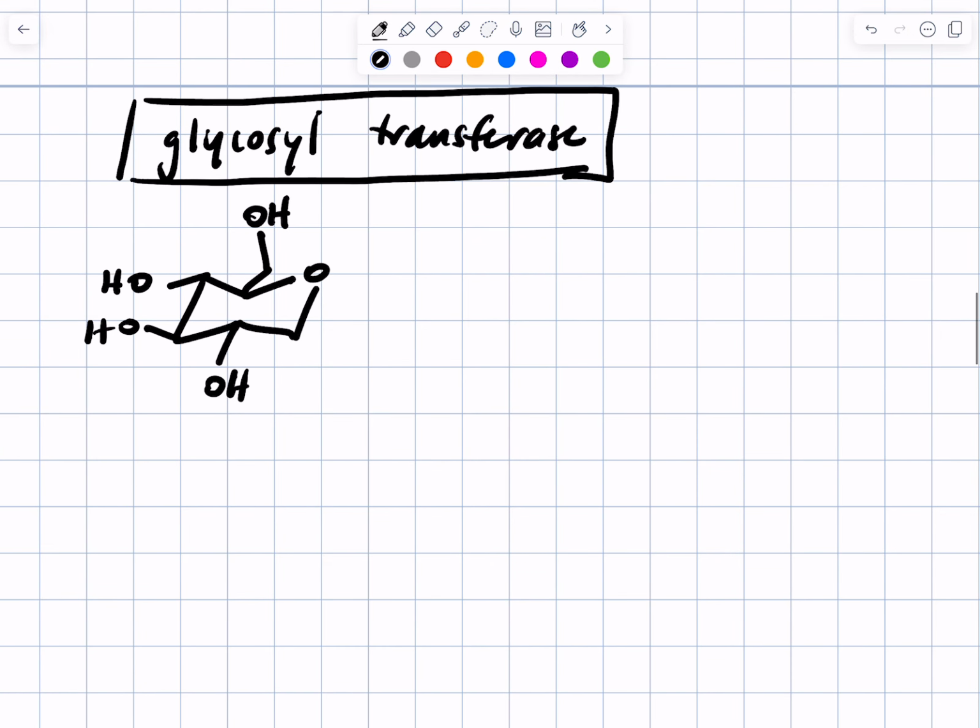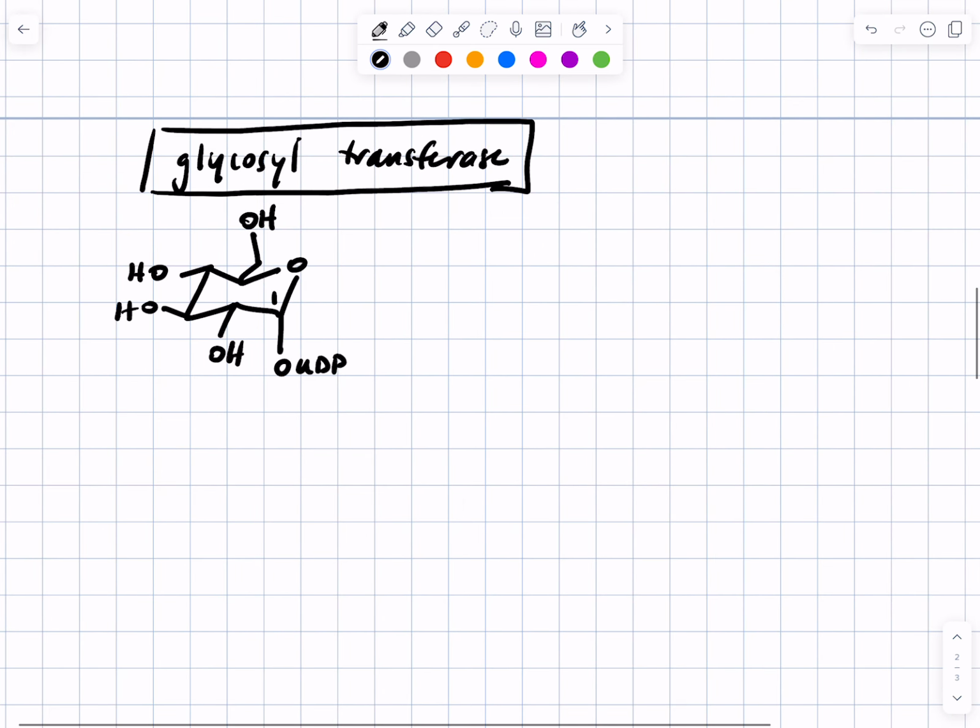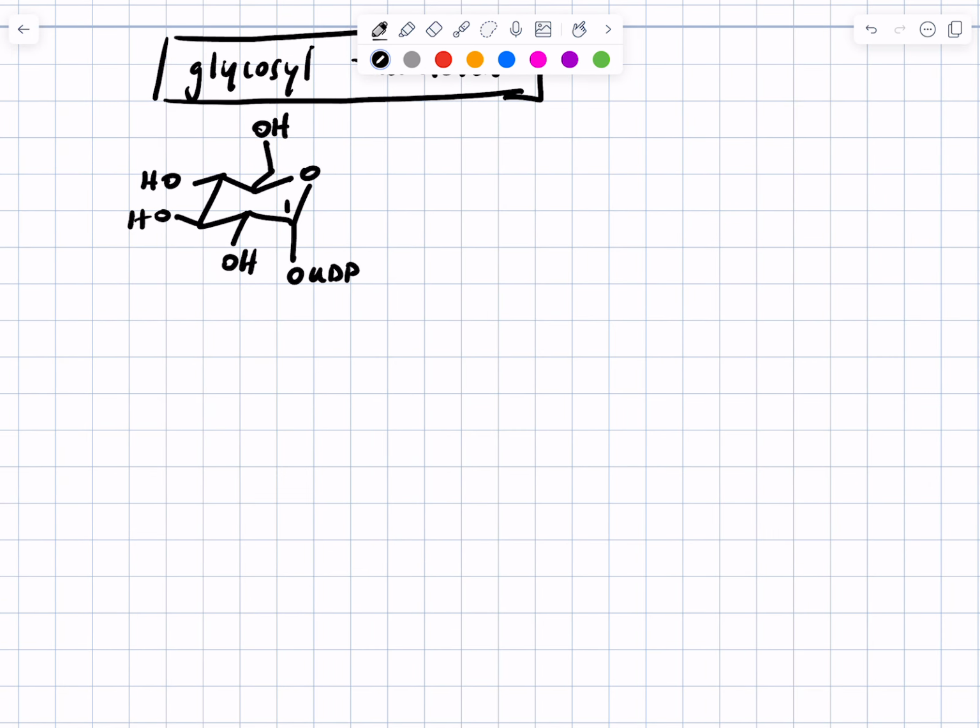The other thing the enzyme will do is it will convert the hemiacetal carbon into a good leaving group. So that leaving group is called UDP, which stands for uridine diphosphate. We'll learn about it later in our chapter on nucleoside chemistry. If you want a quick view of what this would look like, this is the bond that's attached to that oxygen, and then there's another phosphate.